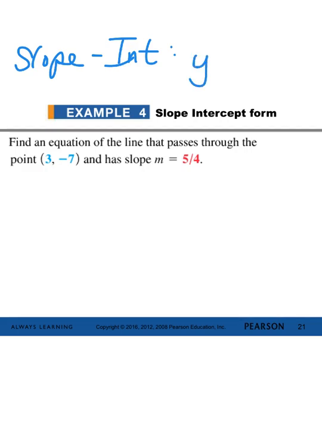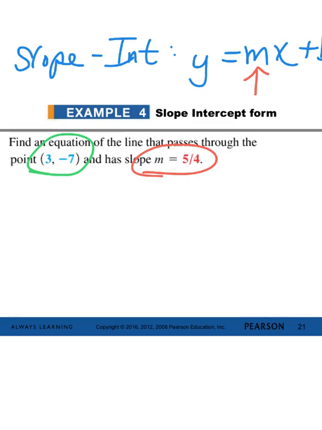Which is y equals mx plus b, because you're given the slope. And the other thing that you're given is you're given a value of x and y. So the only thing you don't know is b.